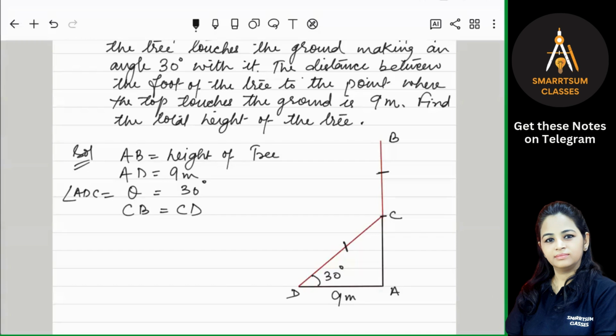Now from the triangle DAC, this is a right angle triangle, right angled at A. So from right angle triangle DAC, what do we have? Tan 30 degrees, meaning tan theta, is equal to perpendicular upon base.